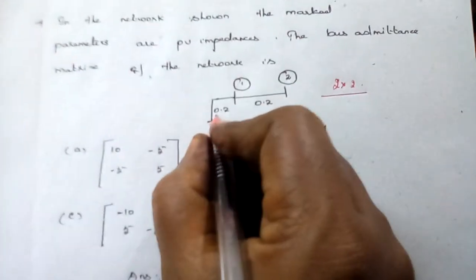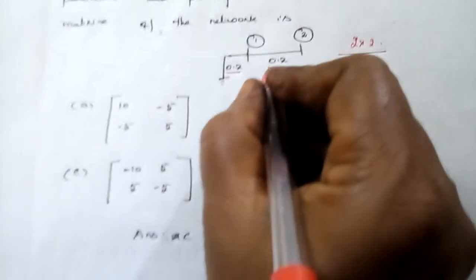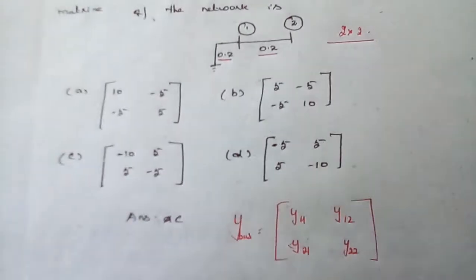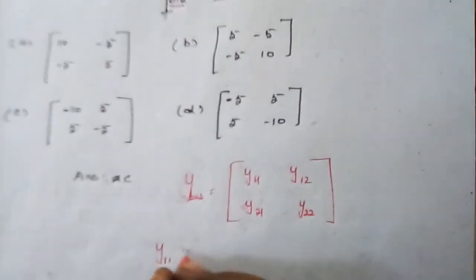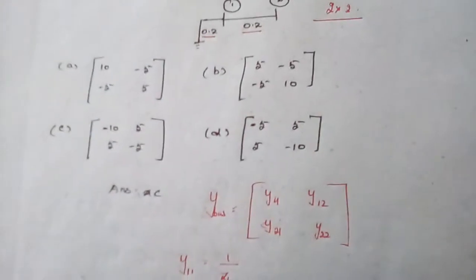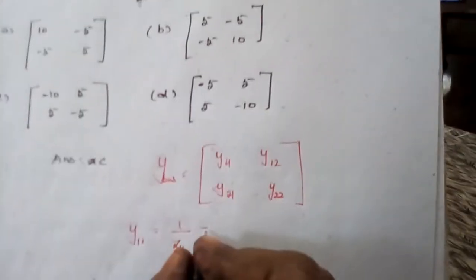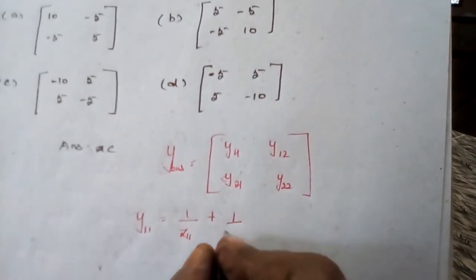For Y11, this is the first bus, where the impedances of 0.2 and 0.2 are added together. As we know already, Y11 is equal to 1 divided by Z11 plus 1 by Z11.